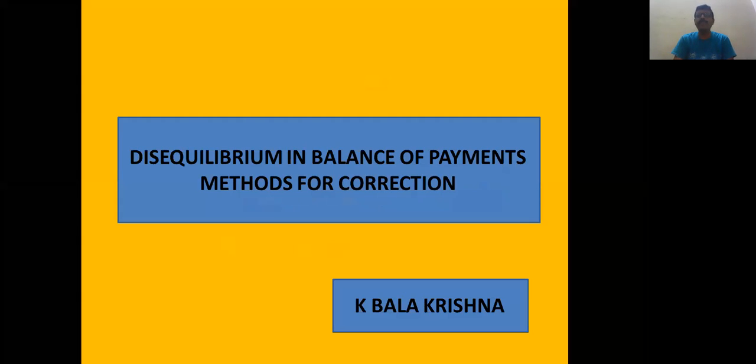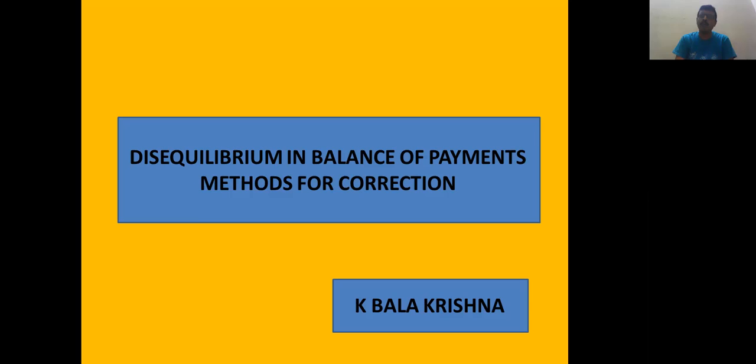In this class, we will discuss two issues. One is disequilibrium in balance of payments, and the second one is methods of correction of disequilibrium. What do you mean by disequilibrium? A state where the debit side and credit side do not coincide is called disequilibrium.